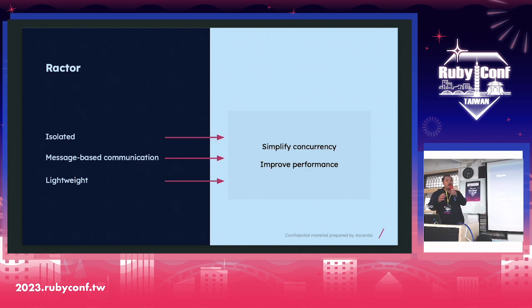And it's quite lightweight, in contrast to the previous implementation of threads, which were managed one to one with the OS. In this case, a few Ractors can be managed by the OS only. We have a scheduler now, since 3.3, so Ractor is much more lightweight than the previous implementation of threads. Because of all of these attributes, it can have a simpler concurrency model with better performance.